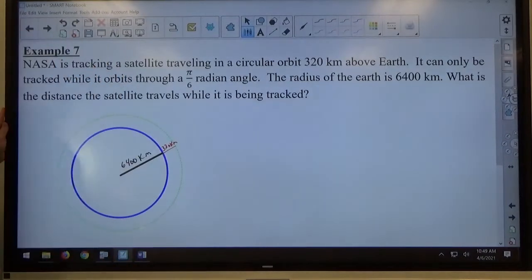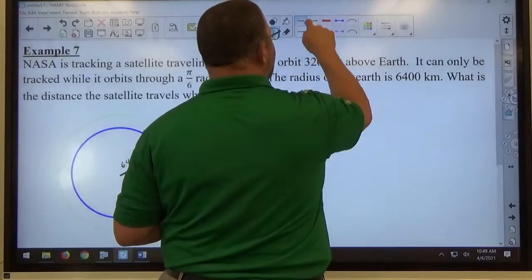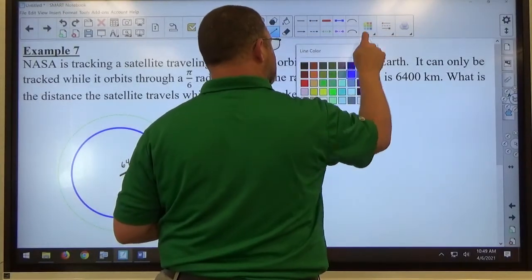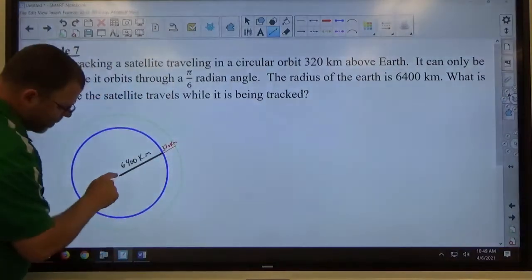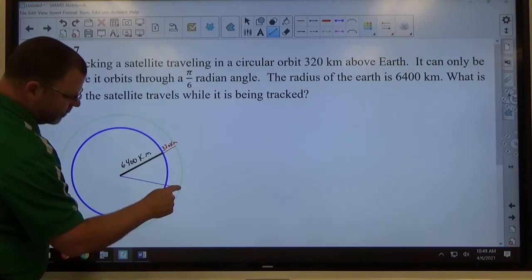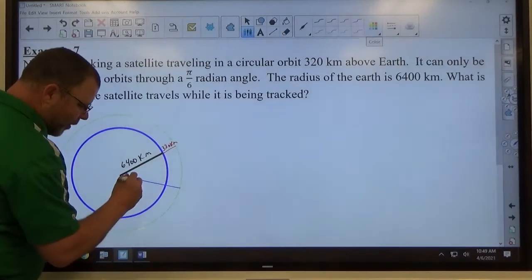Now the problem tells us that the people tracking the satellite can only track it through a pi/6 radian angle. So if I were to draw a picture of this pi/6 radian angle, I'm going to draw it right about here, like so. And you don't have to draw it to scale.